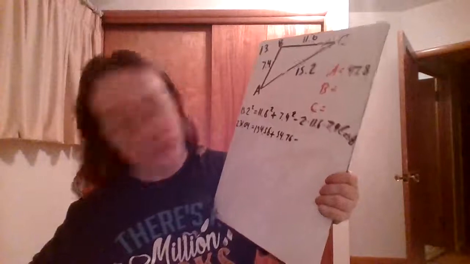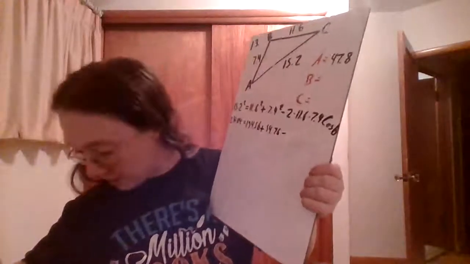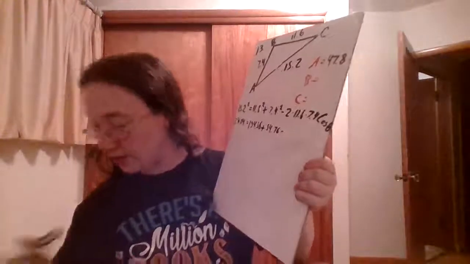And then we have 2 times 11.6 times 7.4, which gives you 171.68 cosine of B.